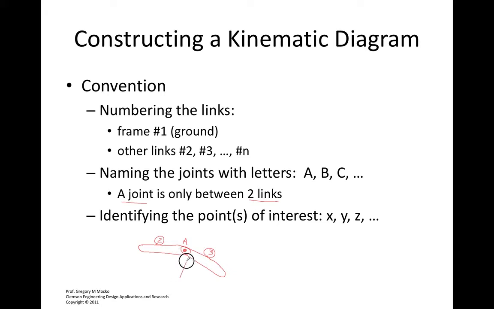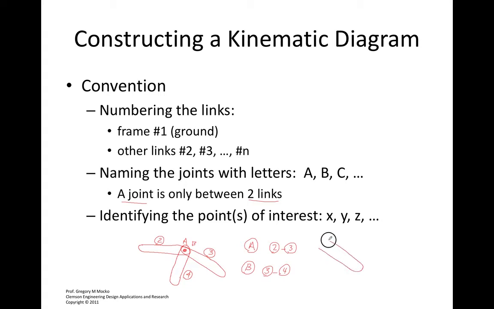If we were to have another link here, and this is 4, it's 2 joints, A and B. The first joint A connects link 2 to link 3, and the second joint B connects link 3 to link 4.